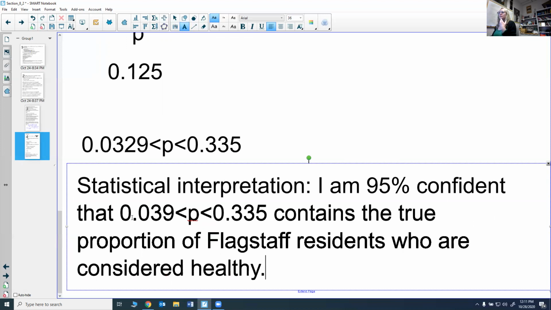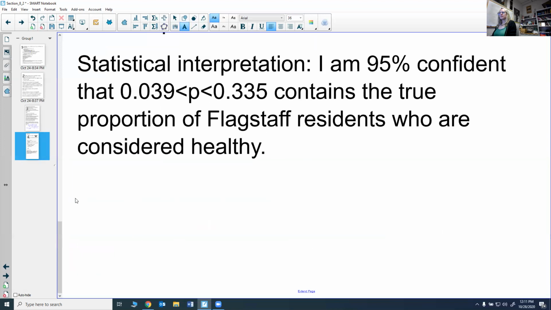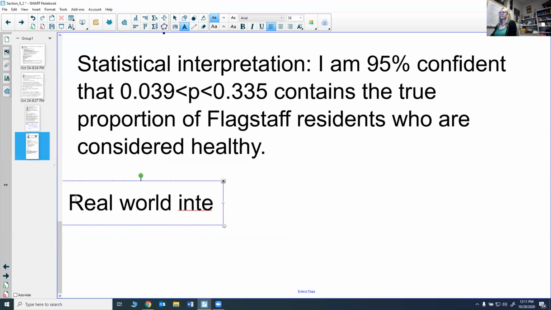That's my statistical interpretation. My real world interpretation is that, well, what percent did I find?